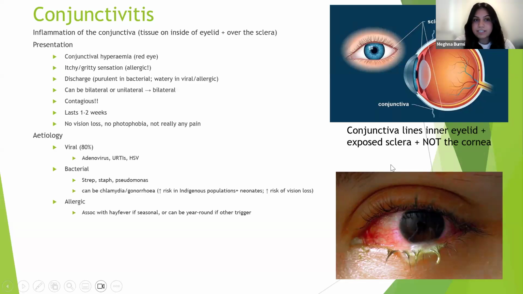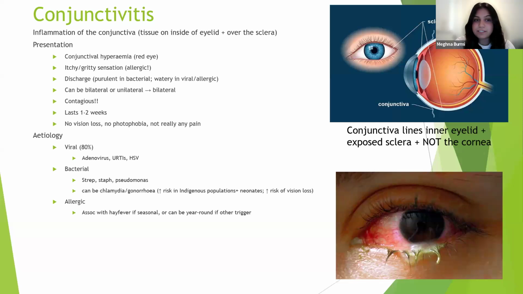So etiology, like we've touched on, there's bacterial, viral, allergic. Viral is really common. It's basically associated with any other viral illness, often seen with respiratory tract infections. Bacterial is a bit more serious, requires treatment with antibiotics, but we'll get to that.